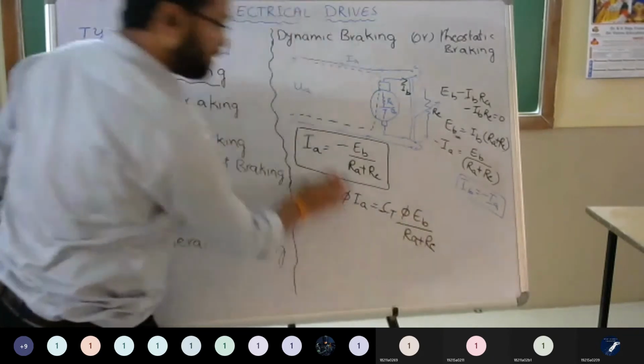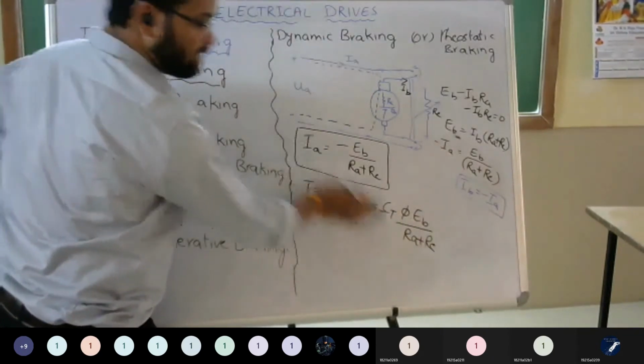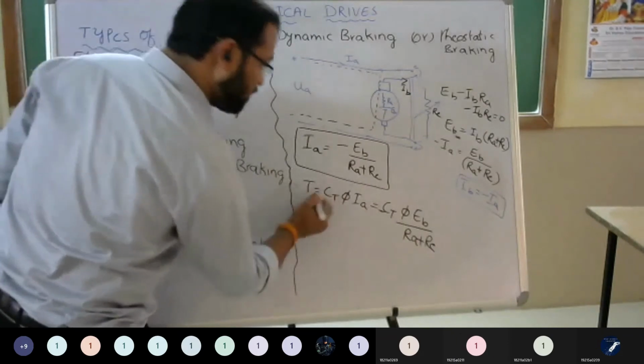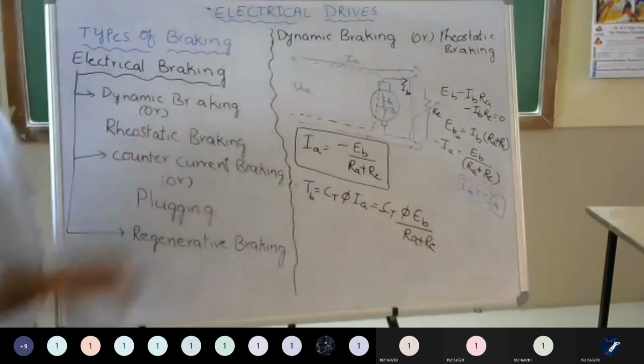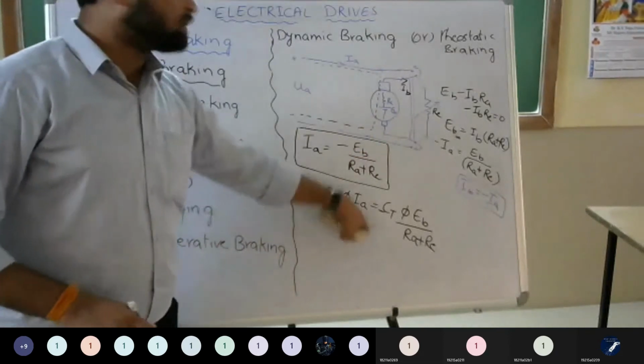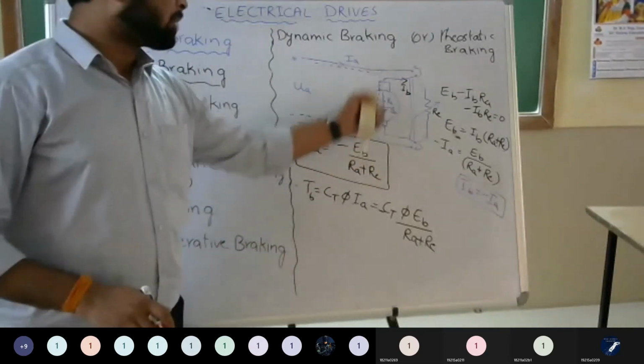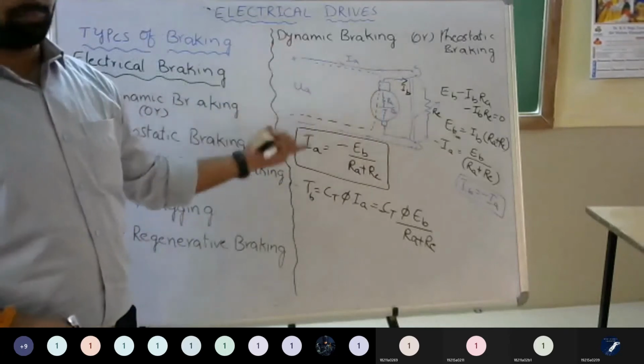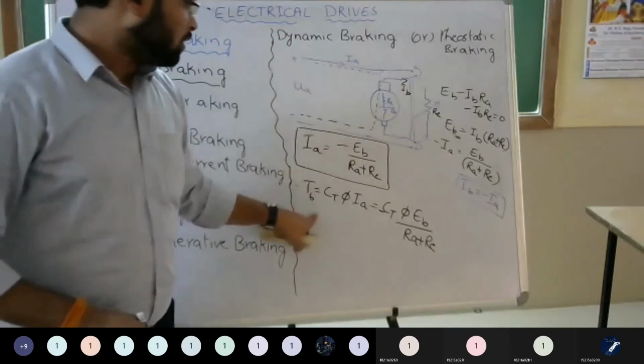So the braking torque is reverse; this is what we are saying. Whatever the motor torque is there, now we are applying a negative torque, and because of that negative torque, the motor will stop. Okay, so here we understand.